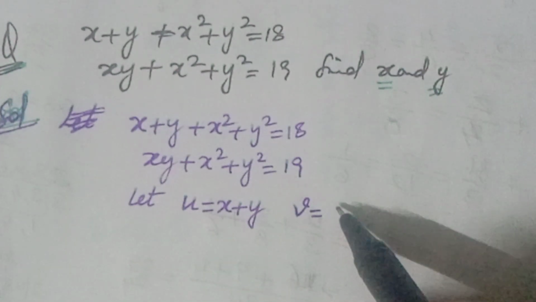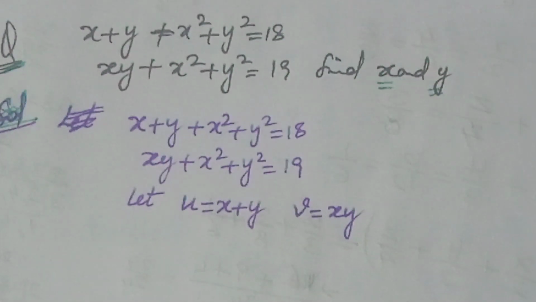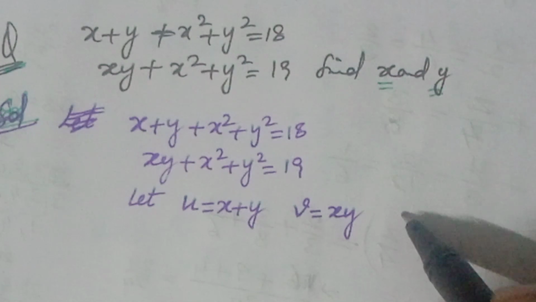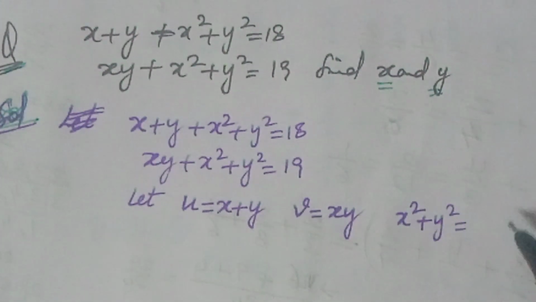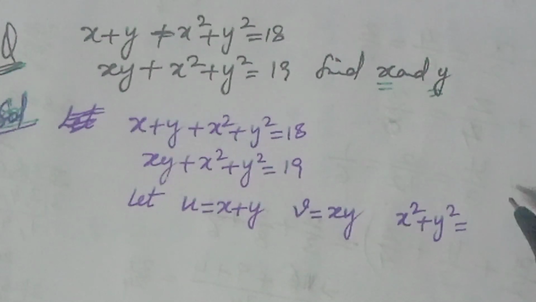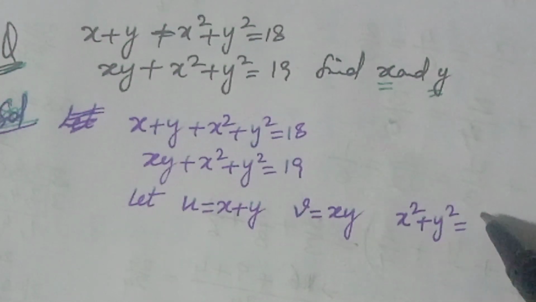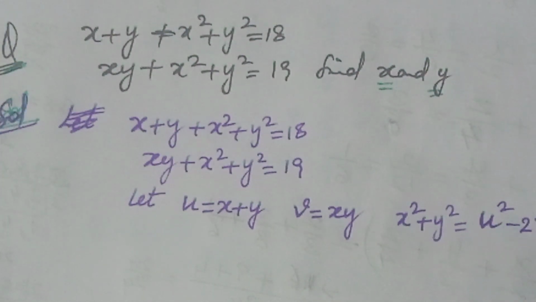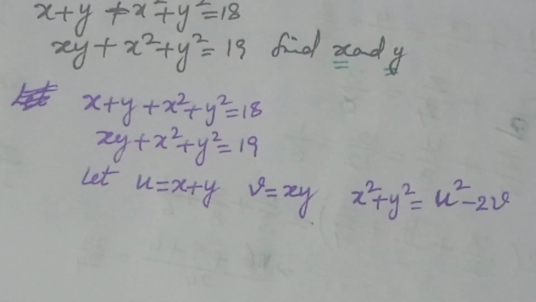Then x square plus y square value we will get as u square minus 2v.